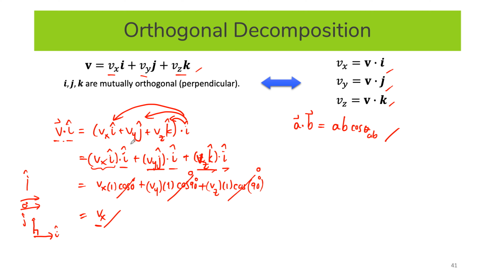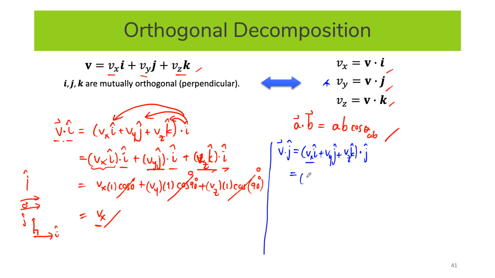Before moving on, let's try to show this one as well. We are doing the same thing. We are going to dot product the unit vector j to the vector v. So writing out vector v with vx i, vy j, and vz k, and everything is dotted by a vector j.